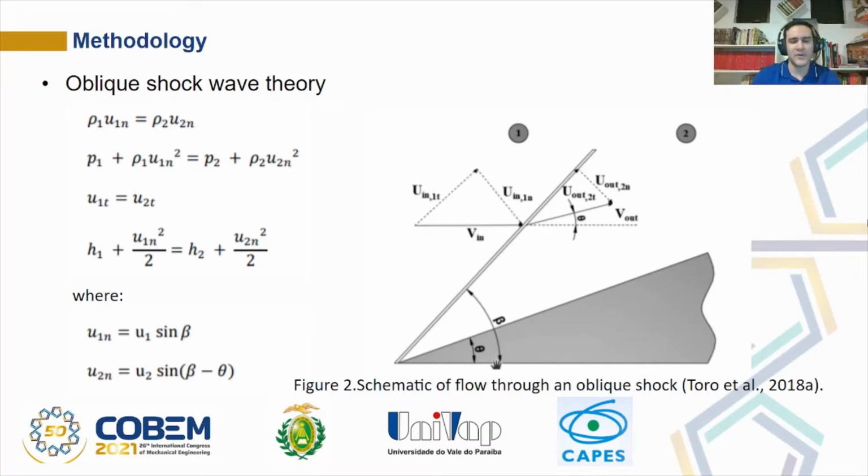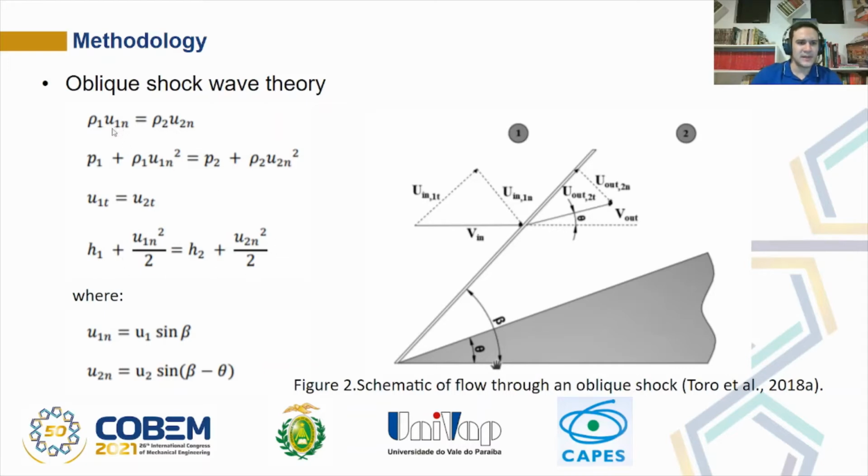For the oblique shock wave theory, we need to assume that it will be a steady and adiabatic flow with no viscous effect. Then we will get from the continuity equation this first equation, the second equation we get from the momentum equation, and this last one from the energy equation with the entropy equation.